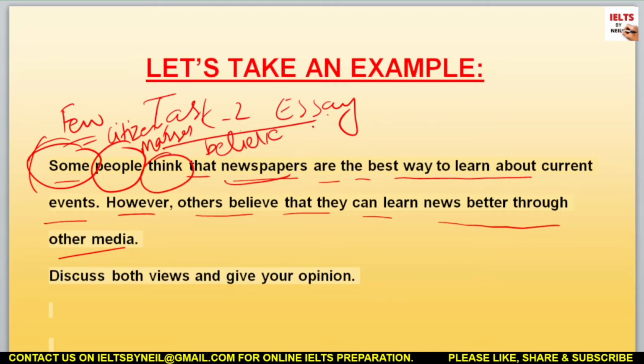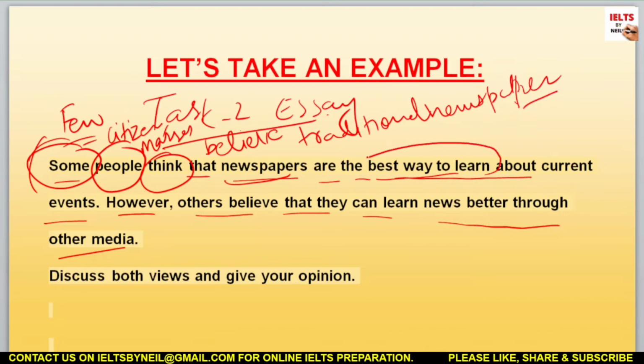Newspaper, you can just say traditional newspaper or traditional ways, because newspaper are the old ways of getting news, right? Are the best way to learn. Way to learn something means to get the information, right? About the current events. Current events, you can say the latest, right?